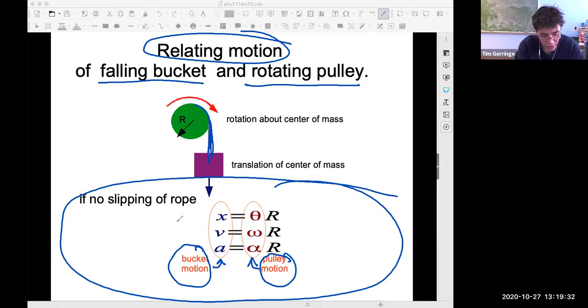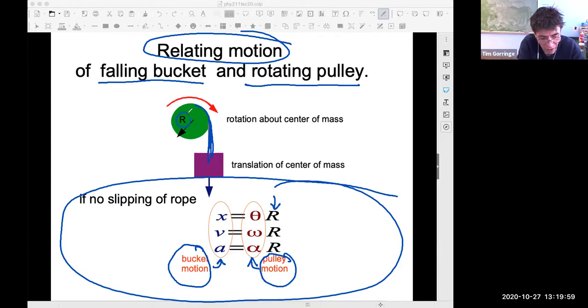And those two things are related by these equations here, because the bucket's attached to the pulley by this rope. And in particular, they're related in this way if the rope doesn't slip or slide on the pulley. And they're related through the radius of the pulley.